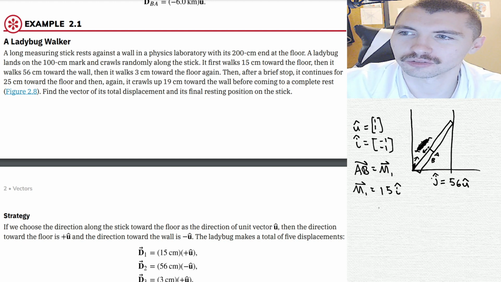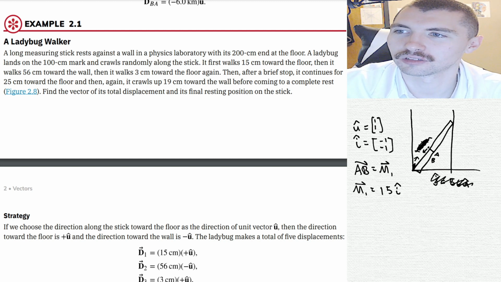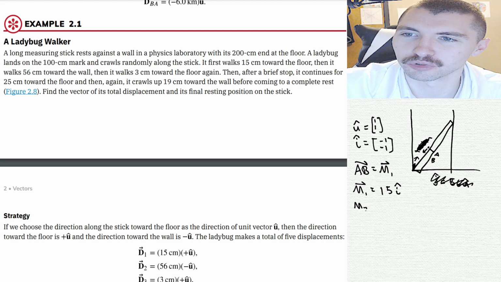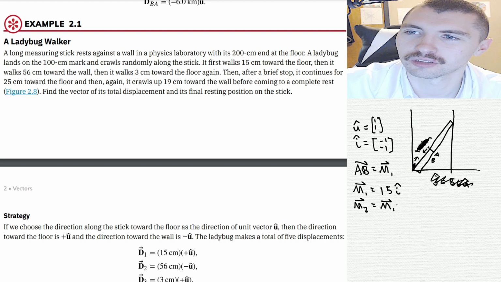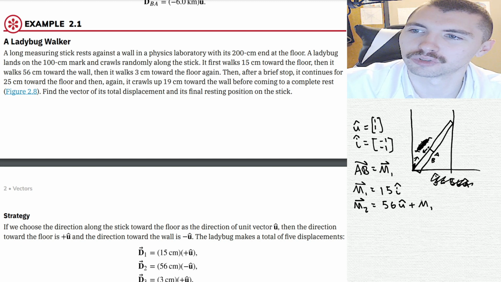I'm sorry, that's actually going to be move 2. It's going to be move 1. It's going to be 56 U hat plus move 1.